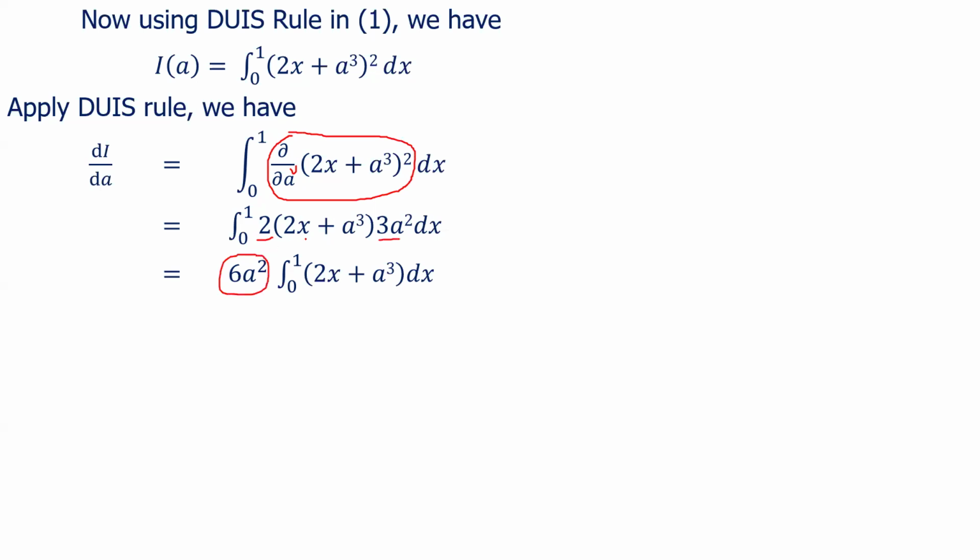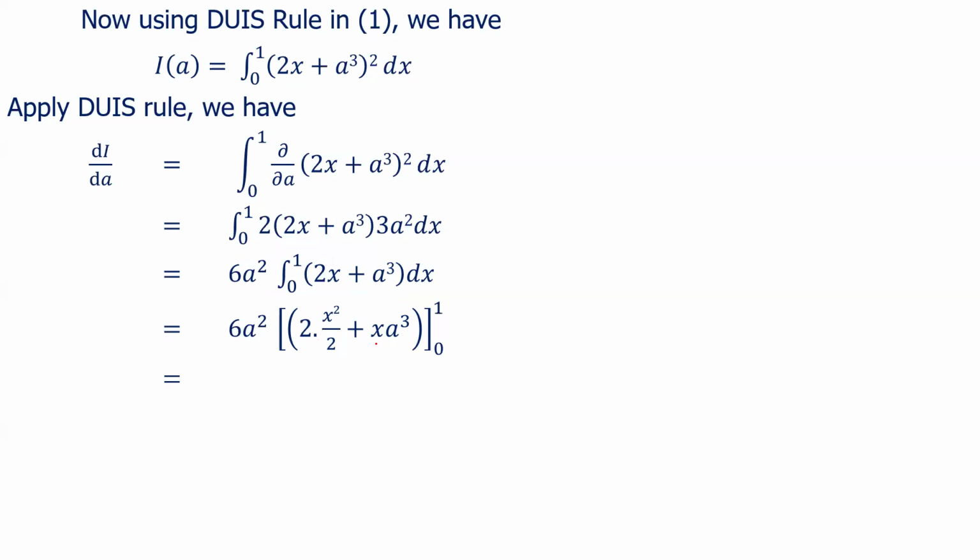What remains inside is (2x plus a cube) with respect to x. Let us integrate this. So 6a square times: the integration of x is x square by 2, so 2 into x square by 2, plus the integration of a cube, which is constant with respect to x, so the integration of dx is x.